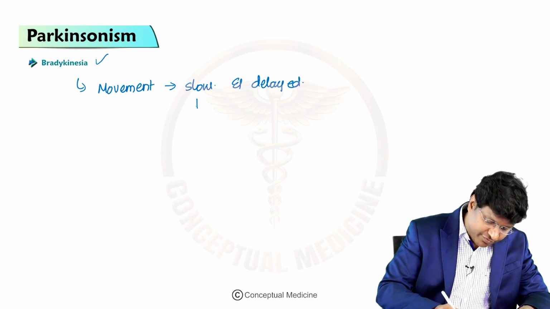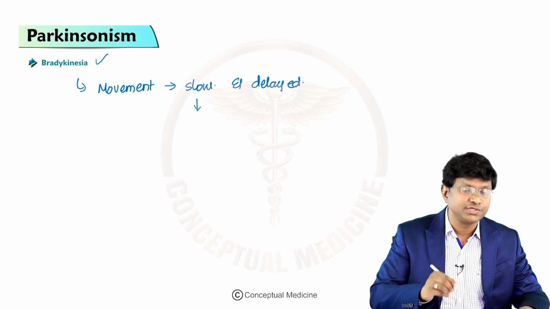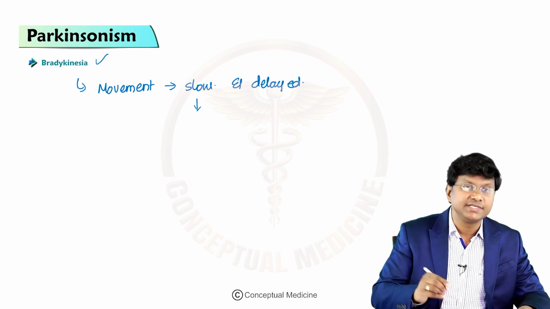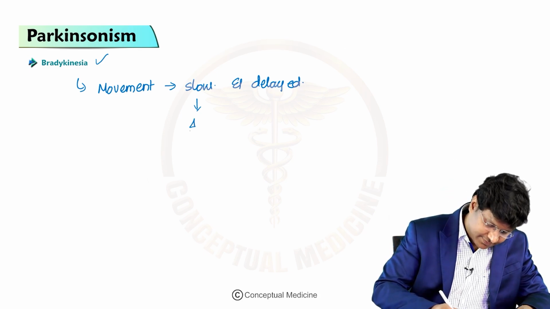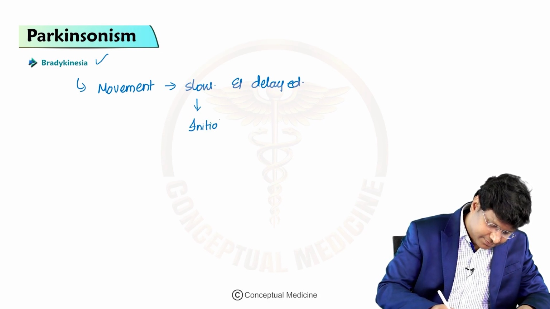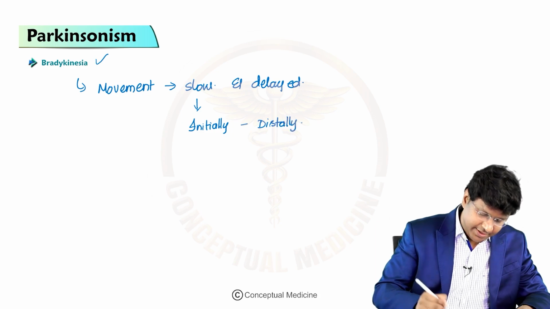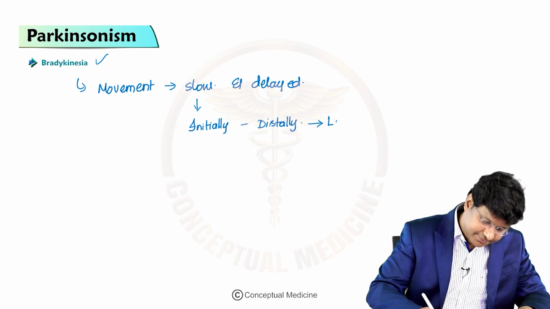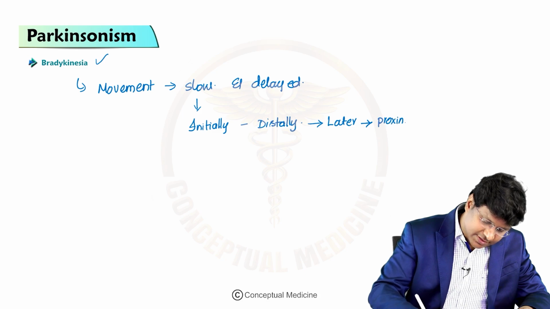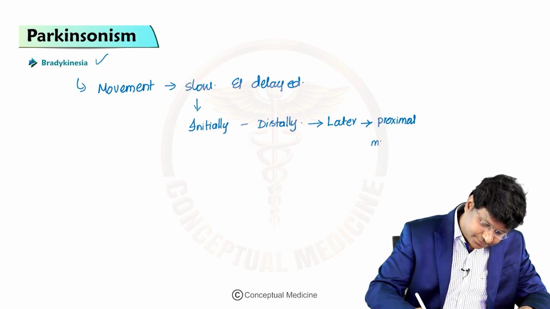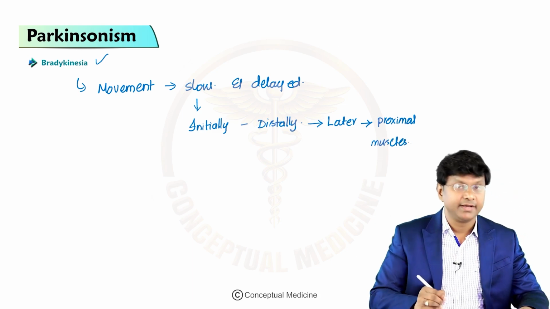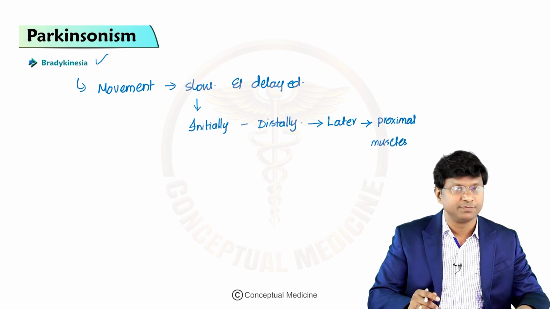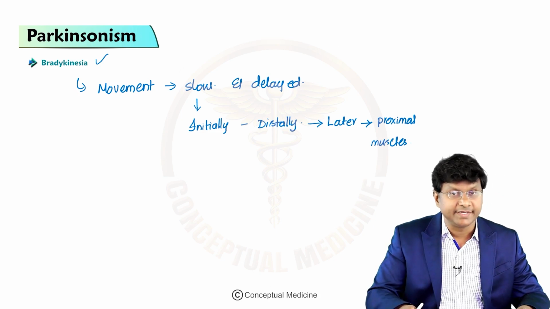And this slowness of movement, initially it is present in the distal part of the extremities. Later, it will progress to the proximal muscles. That is what is your bradykinesia.